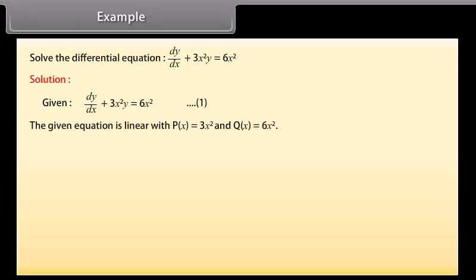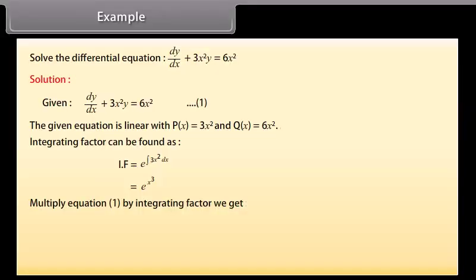The given equation is linear with P(x) = 3x² and Q(x) = 6x². Integrating factor can be found as I.F. equals e raised to the power integral of 3x² with respect to x equals e raised to the power x³.